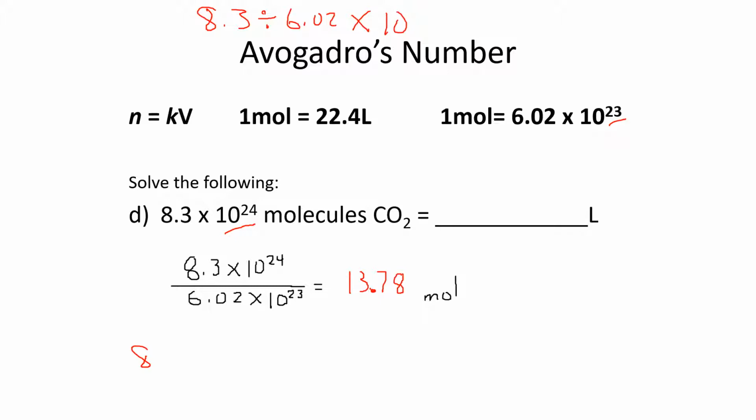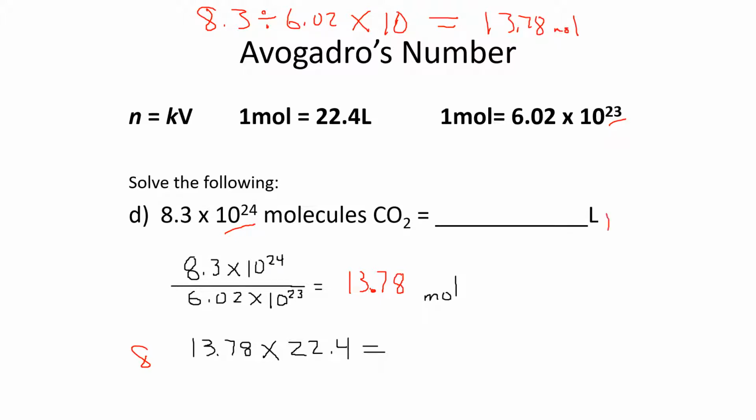So 10 to the 1 is how much? 10. And there, you're done. So do 8.3 divided by 6.02 times 10, and you're done. That should give you 13.78 moles.